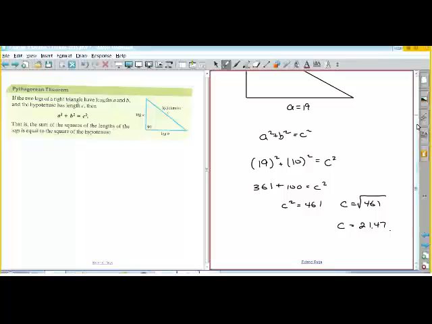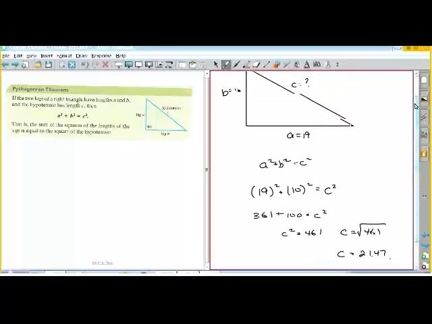It's an irrational number; it's a square root, not a perfect square. So the unknown side is 21.47. It's always longer than the other two sides, of course, because this is the diagonal. And the smaller one of these angles is, the closer one of the sides is to that length. So this is 19, and this is only 21.4. It's only 2.5 units longer.